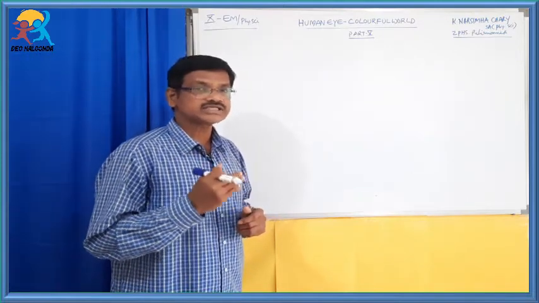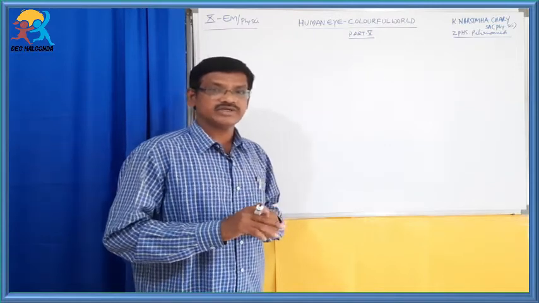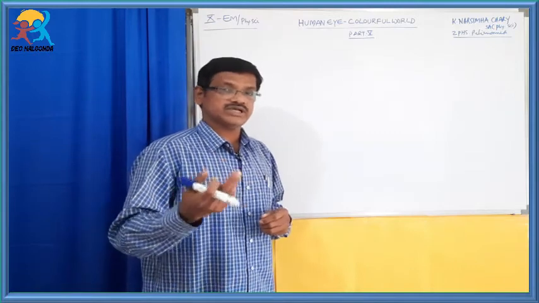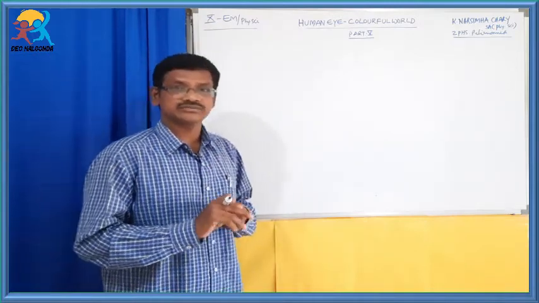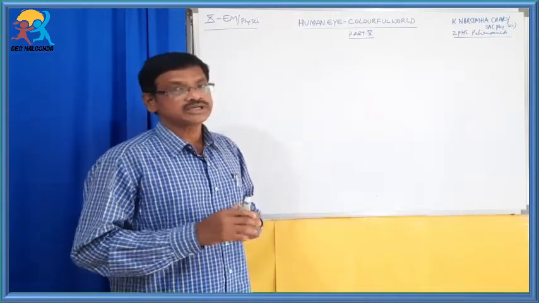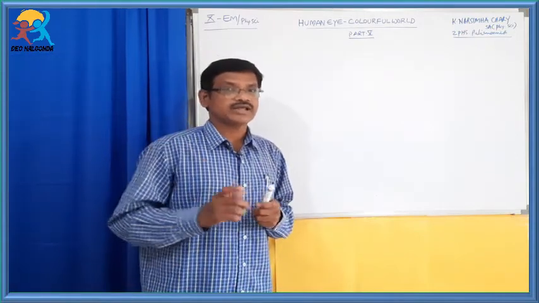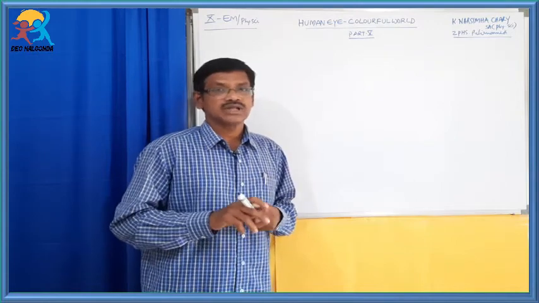Distance of least distinct vision of a healthy eye is 25 centimeters, and it varies, sometimes increase and sometimes decrease depending on the age. Next, the angle of vision, that is to view an object completely kept before an eye, is 60 degrees.